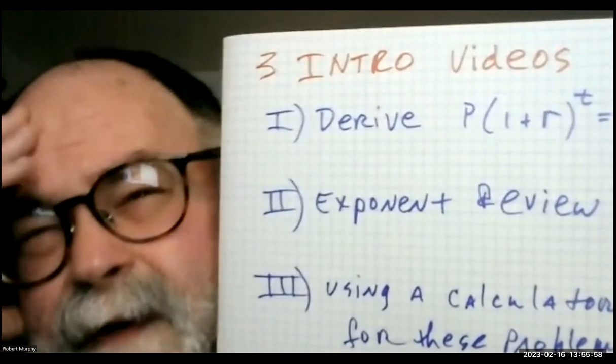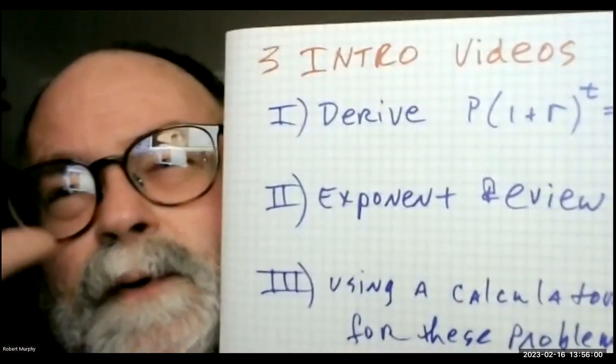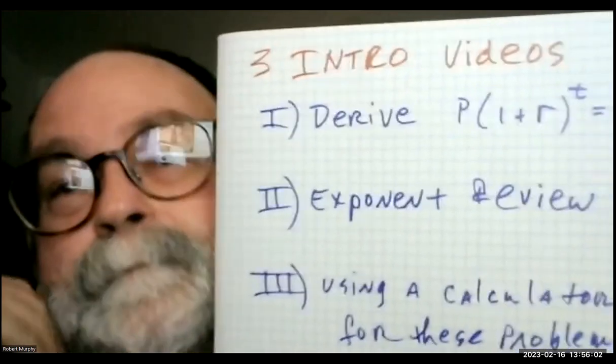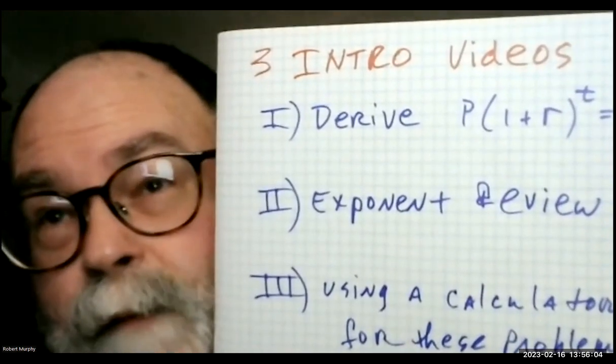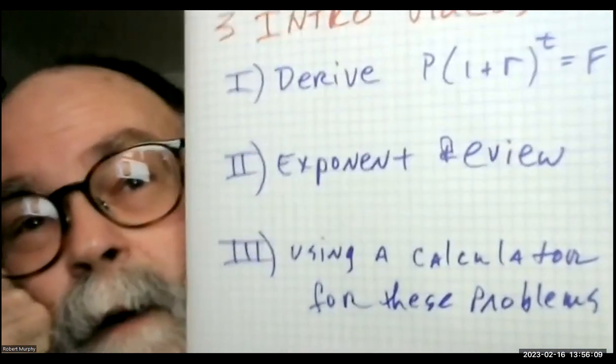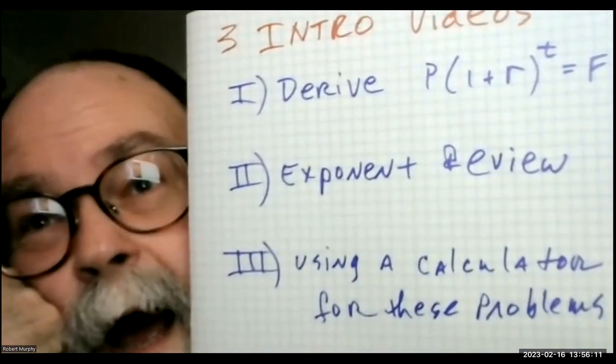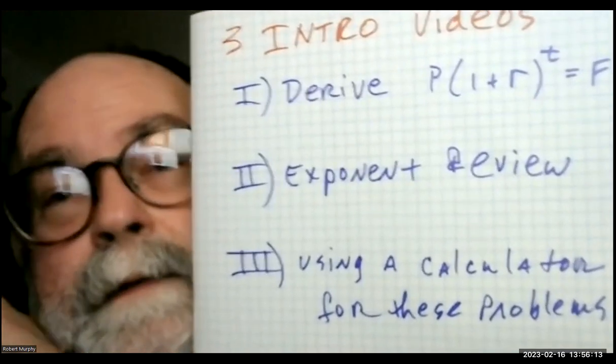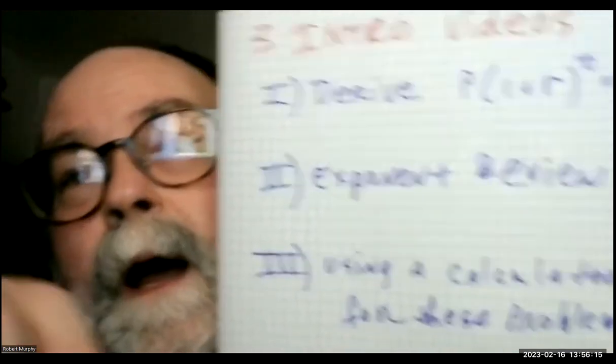What does this notation look like? What does it mean? Remember, if you watched it, I had a typo in there. Yay. And now, how to use a calculator to solve the problems we're doing.